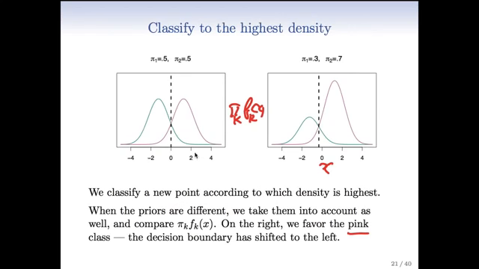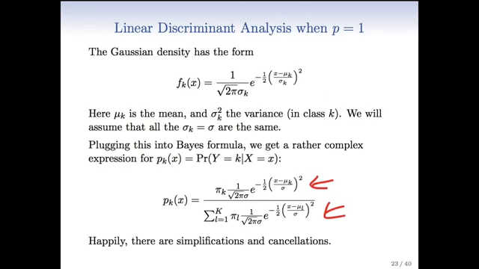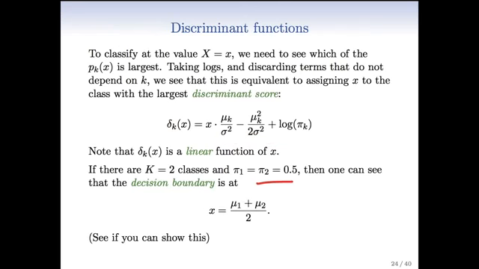In this case, the priors were equal. These are actually 2 Gaussian distributions. And the decision boundary here is at 0. In this case, the 2 means were exactly an equal amount on opposite sides of 0, so the average is at 0. So intuitively, that's the right value for the decision boundary, which is the point at which we switch from classifying to one class versus the other.